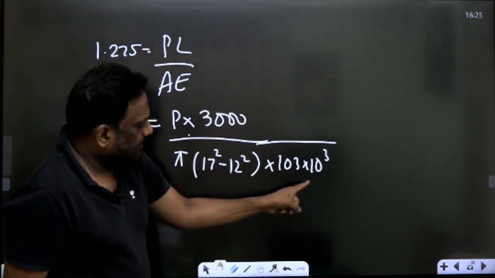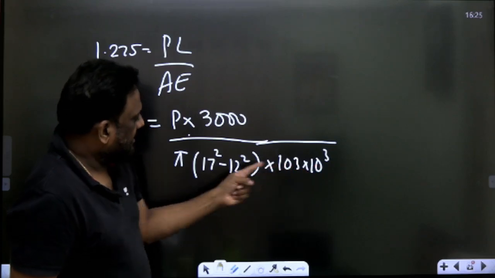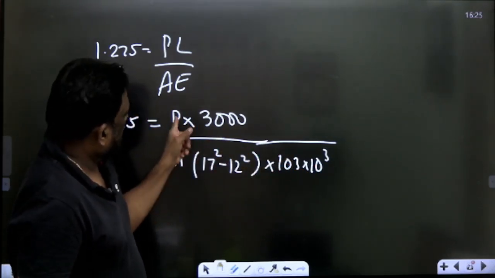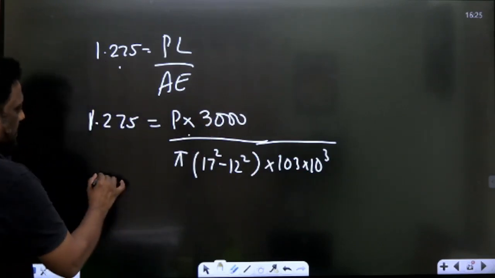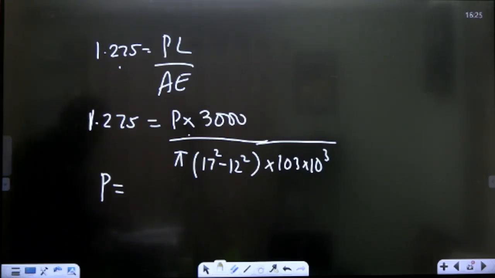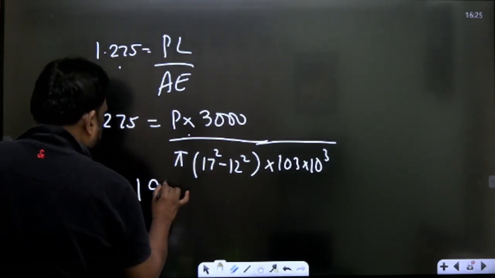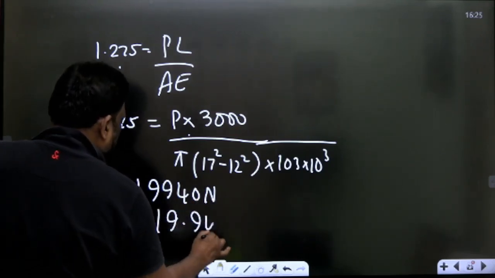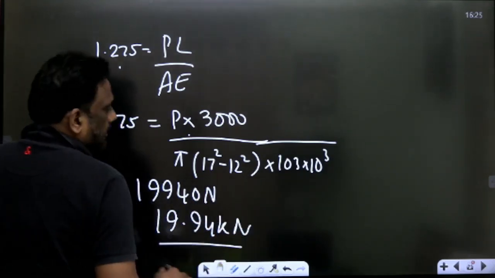This is Newton per mm square, megapascal, this is mm square. Mm square is gone. Newton, yes, mm. So from here you'll get the value of P. How much is that value of P, sir? 91940 Newton or 19.94 kilo Newton. Let me check.